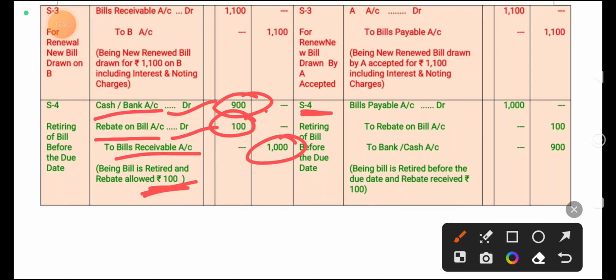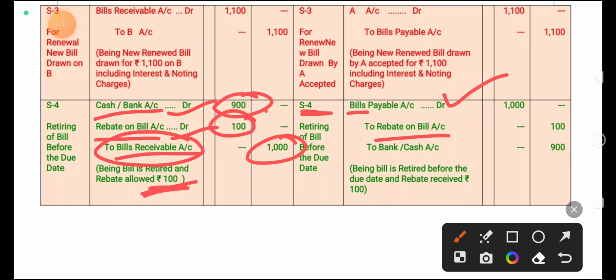So situation 4, what? Retiring the bill before the due date. The bill is with the drawer itself, it is not endorsed, it is not discounted with the bank, it is not sent for collection. In that model only we are seeing all 4 situations, what the journal entries will be. So Bills Receivable will be creditor here, so in the books of B, Bills Payable will be debited.